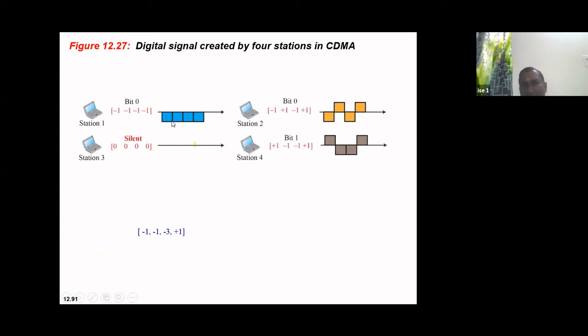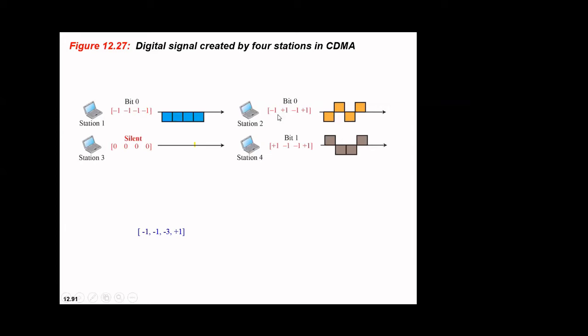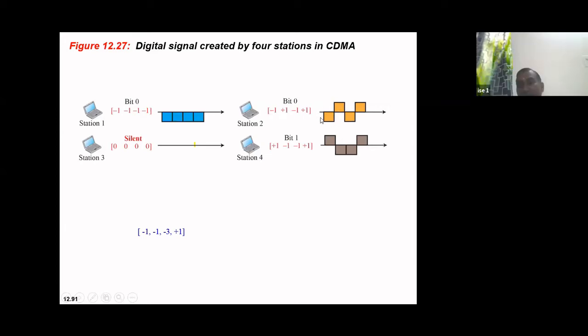Now station 2's data part is bit 0, and this is the coding for its chip code. So bit 0 multiplied by its chip code is the result. This is the result of D2C2, which is -1 plus 1 -1 plus 1.